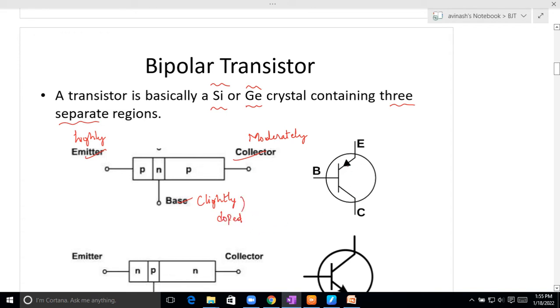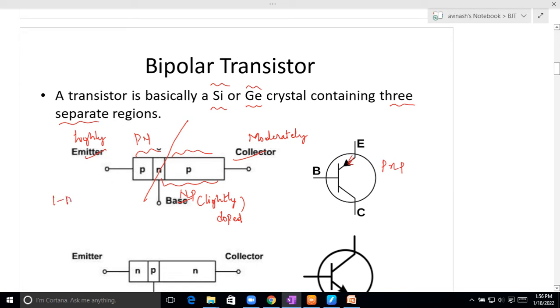As I said, the arrow leaving from the emitter is nothing but PNP. PNP is nothing but two diodes sandwiched over one region. This is a PN diode, this is an NP diode.